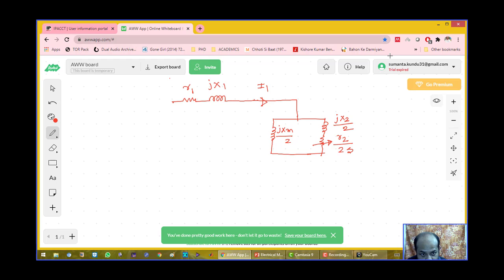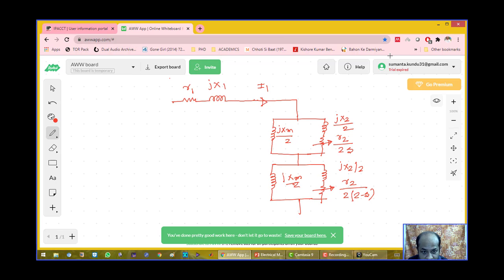Similarly, for the backward field it will be the same arrangement. Here it becomes R2 by 2 into (2 minus S), here it remains JX2 by 2, and this is JXM by 2.